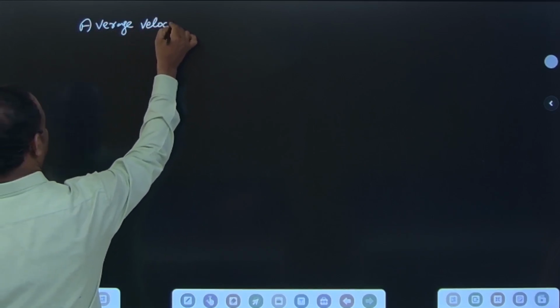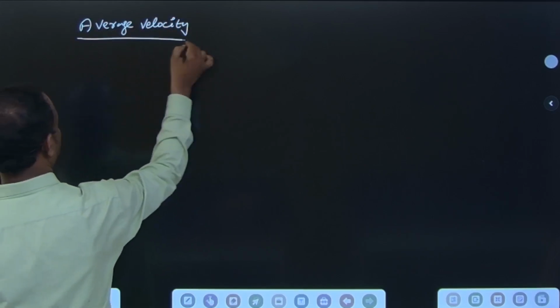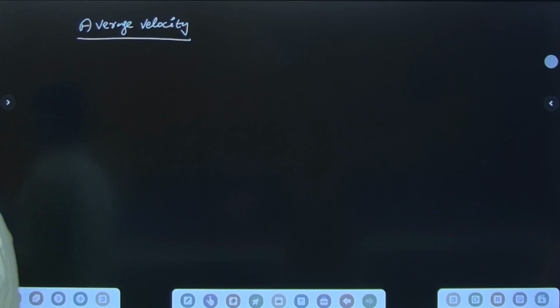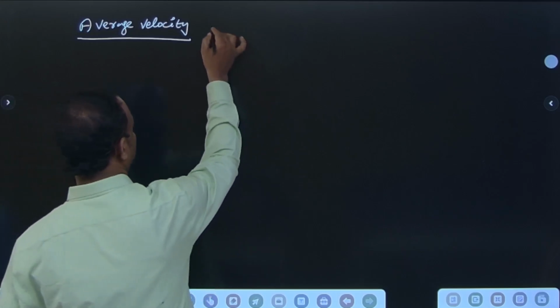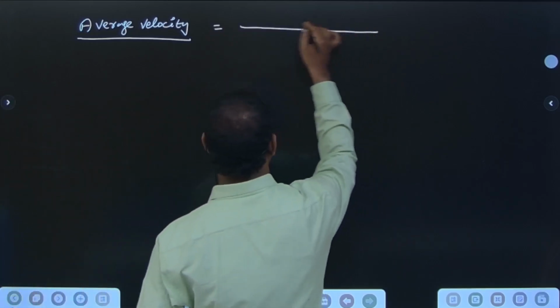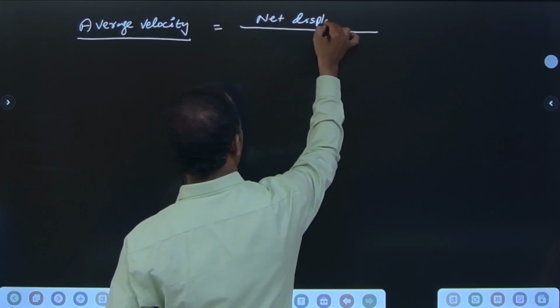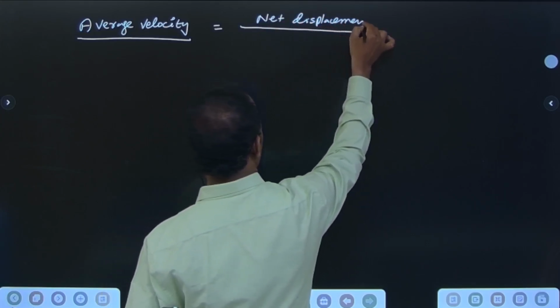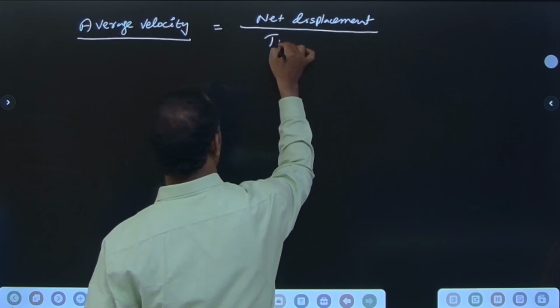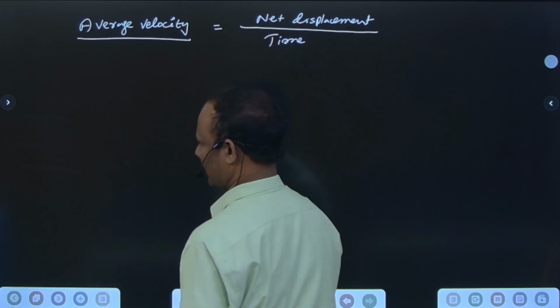What is average velocity? How do we solve the problems based on average velocity? Average velocity is net displacement by time taken.